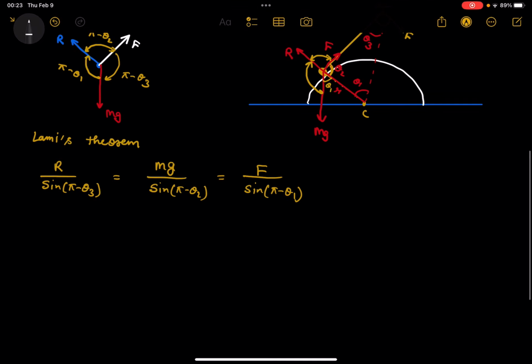Since sine of 180 minus theta is sine theta, R upon sine theta 3 is equal to mg upon sine theta 2 is equal to F upon sine theta 1.